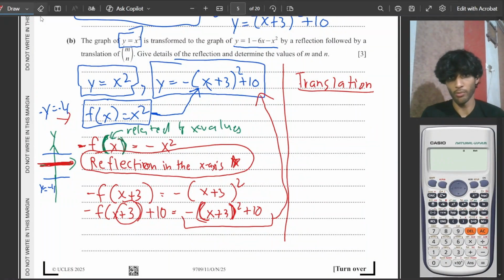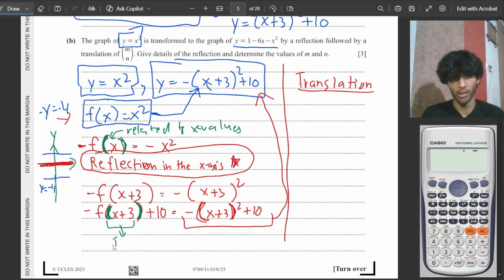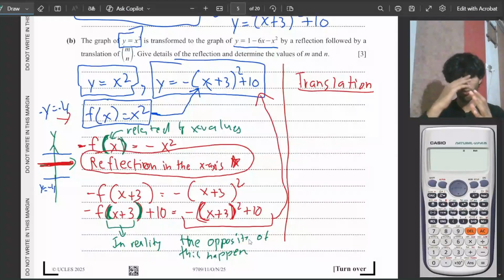Anything that is written within these brackets, for the x values, in reality, the opposite of it happens. So if you see a plus 3, which means every point moved to the right by 3 units, in reality, every point in fact moved to the left. If it were written x minus 3, you would think that every point moved to the left by 3 units, but in reality, every point moves to the right by 3 units.